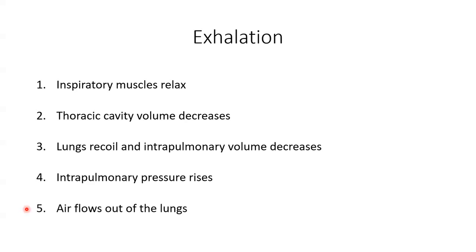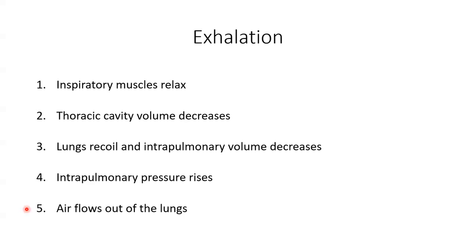This increased pressure within the lungs and the alveoli now causes the air to flow out of the lungs, moving from that area of high pressure within the lungs to low pressure outside of the lungs. And again, air will continue to flow out of the lungs until the pressure within the lungs matches that of the atmosphere.